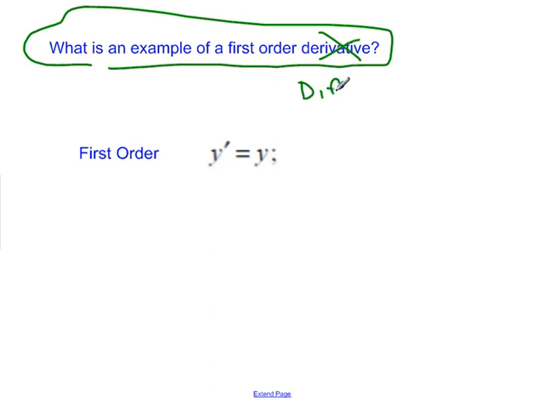In college, there's a course on differential equations, and it's called diff EQ. That's what all the math majors will call it. So what function and its derivative are the same? You know this, right? Well, an example of a first order differential equation would be y equals some constant times e to the x. Because what's the derivative of this? Well, the derivative is the constant times e to the x.